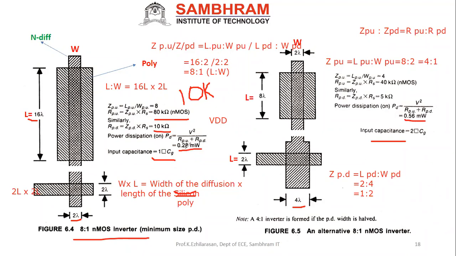Sorry, here the power dissipation is, as I said, 0.28 milliwatt, and the input capacitance is 1 square Cg. Here you can see what happened to your power dissipation. Here 0.28, here 0.56. It is doubled actually. The power dissipation is doubled due to increasing the width, and at the same time what happened?